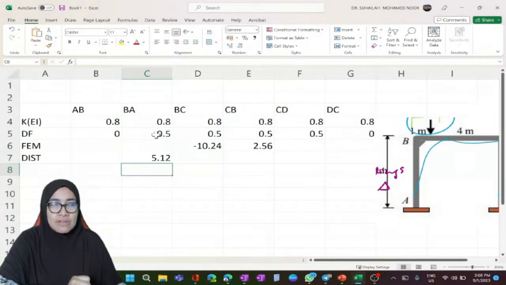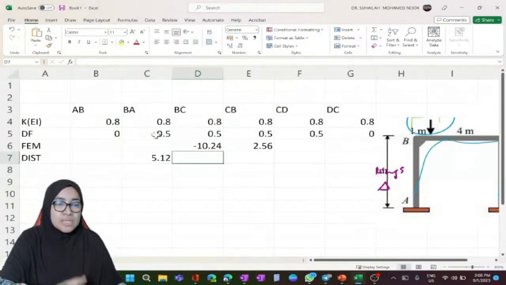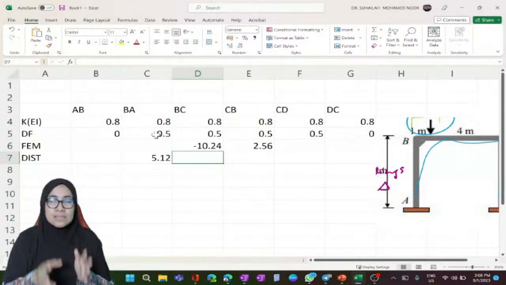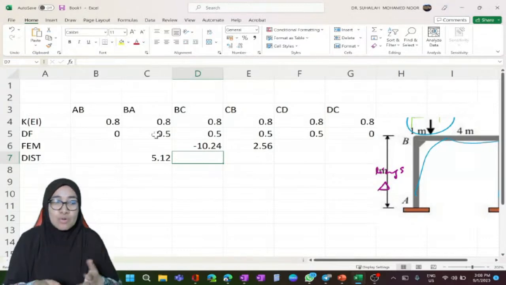We do the same for BC. Of course we get the same, because the total is 10.24 times 0.5, so we get the same 5.12.